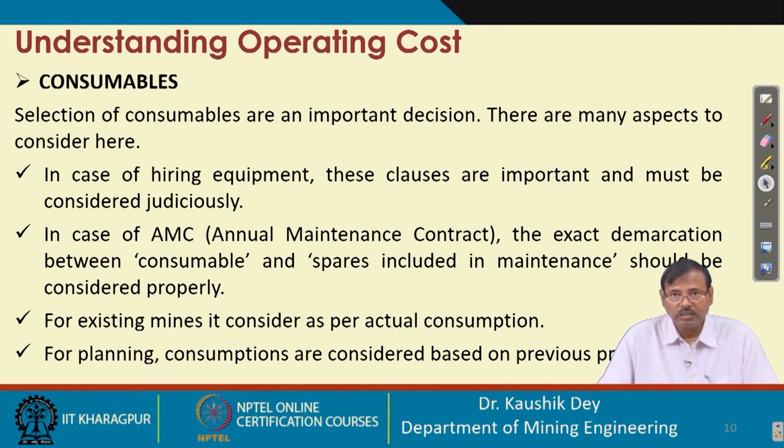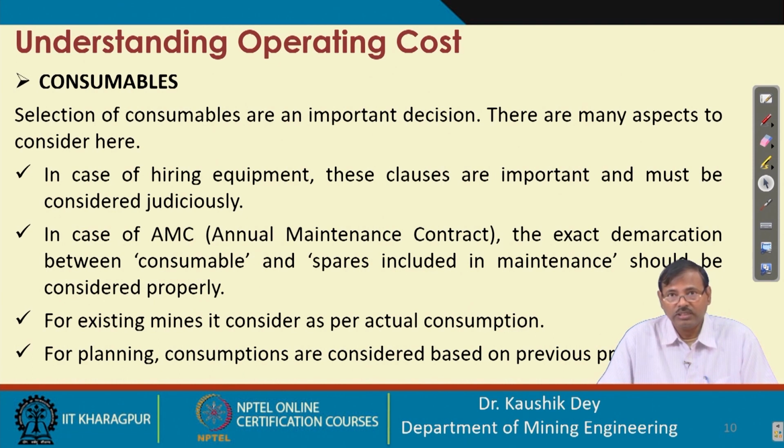If the equipment is owned by the mine organization, then this demarcation is anyway not affecting the overall cost of the machine, whether you are placing it in the maintenance or in the consumables. But if your equipment is on hiring basis, or your equipment maintenance is in the annual maintenance contract, that is the AMC basis, then these decisions are very important.